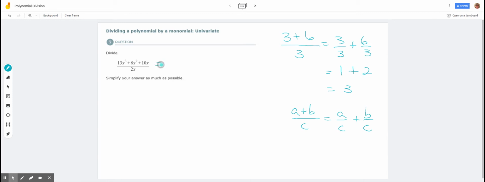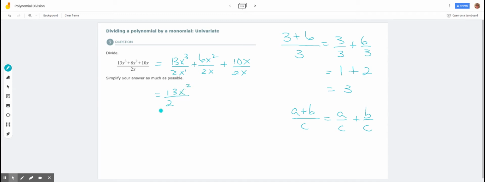Because what we're going to do is rewrite this as 13x cubed divided by 2x plus 6x squared divided by 2x plus 10x divided by 2x. And now we're just looking for common factors. There's nothing that goes into 13 and 2, so we're just going to rewrite that as 13 halves. Now there's 3 x's on the top, 1 on the bottom.